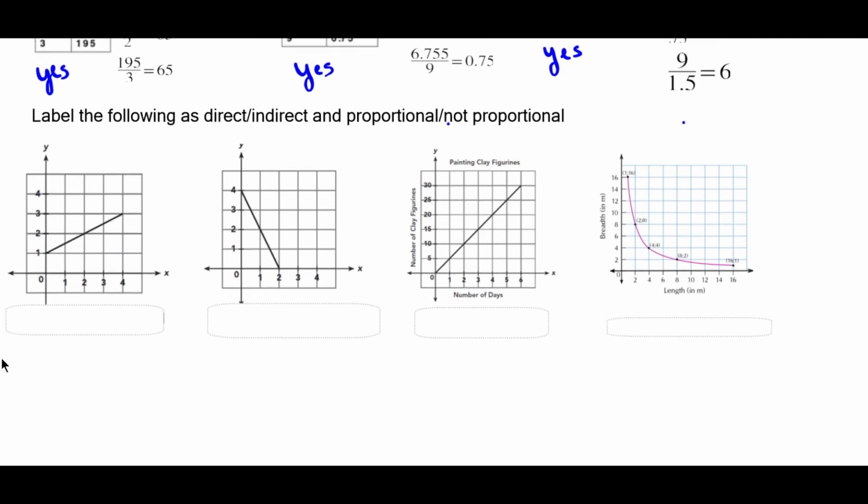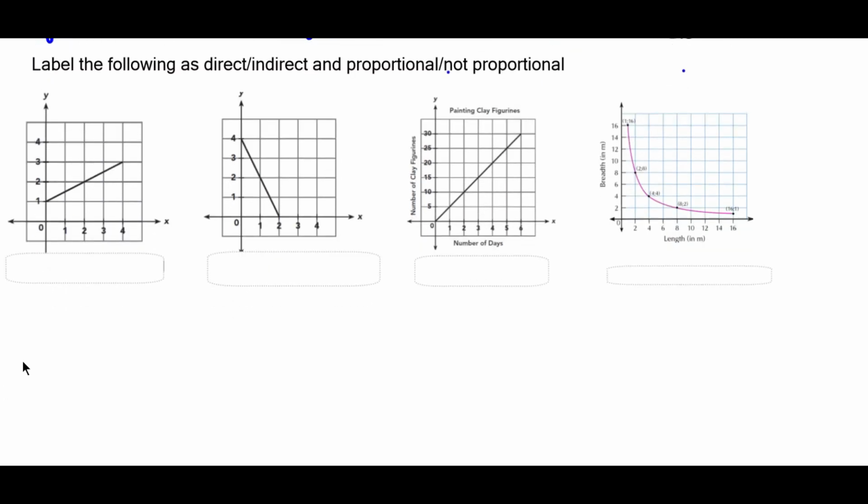Going down to the next set, I want to see if they are direct or indirect, and then also if they are, I want to know if they're proportional or not proportional. Well, I can see that this one is direct because as I increase x, y increases. However, it is not proportional because the line of best fit does not go through 0.